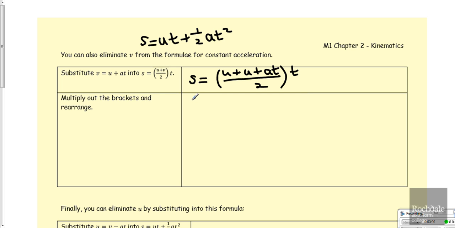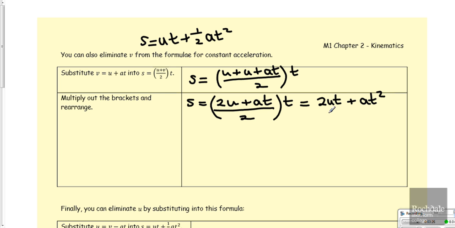So let's see what we've got. Well, you've got 2u at the beginning and at. That's all divided by 2 and multiplied by t. The t is with the numerator, so if I multiply that out, we'll get 2ut plus at squared, and we'll divide it by 2. Both of those terms on the numerator are divided by 2.